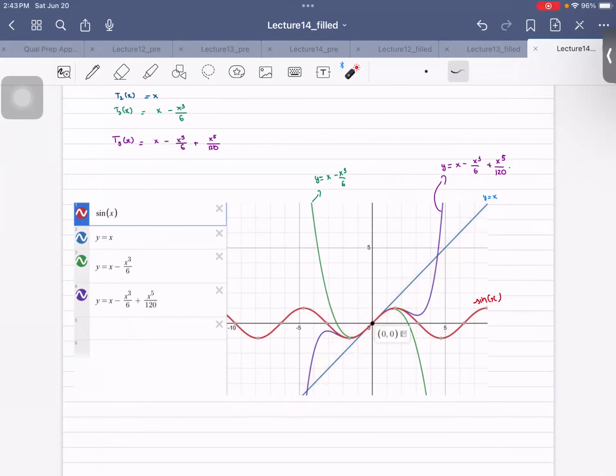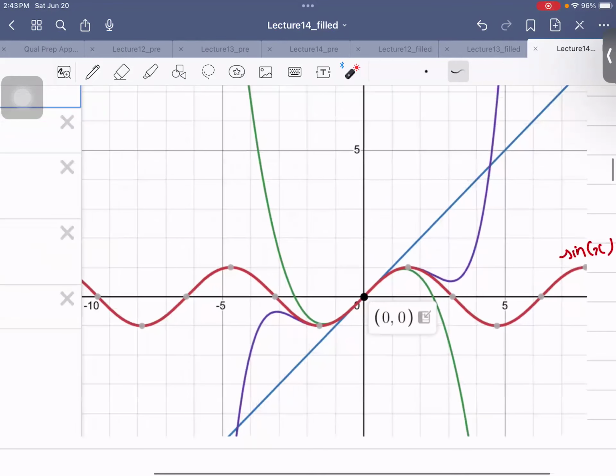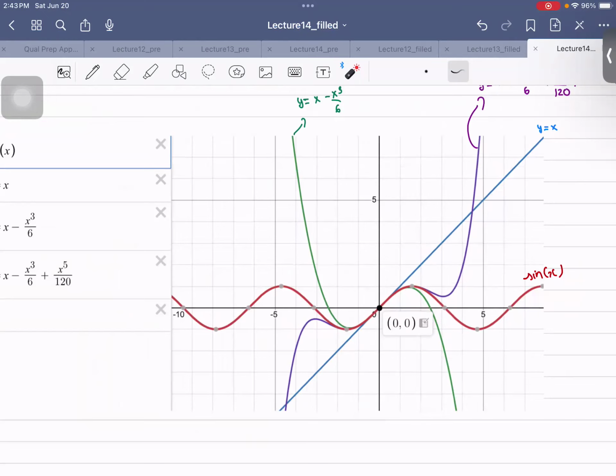This one is the tangent line. The blue line is the tangent line for the function psi of x at the point x equal to 0. The point is, they look good in the neighborhood of 0.